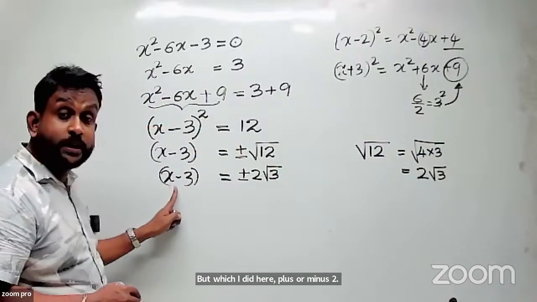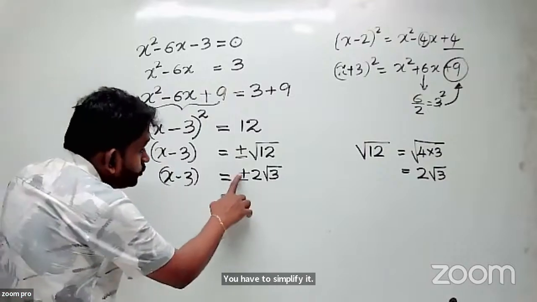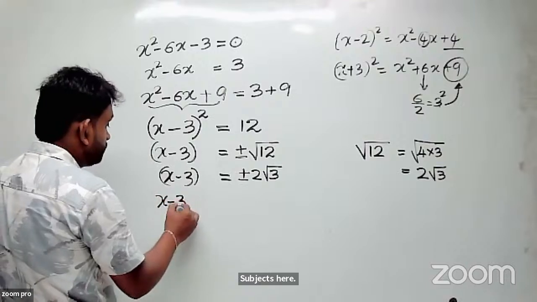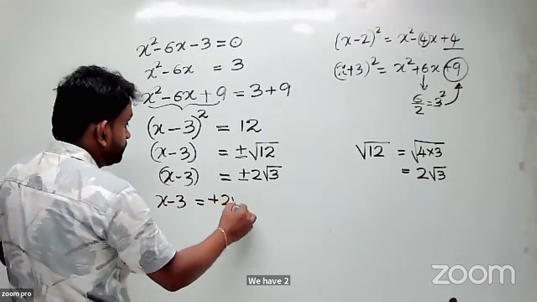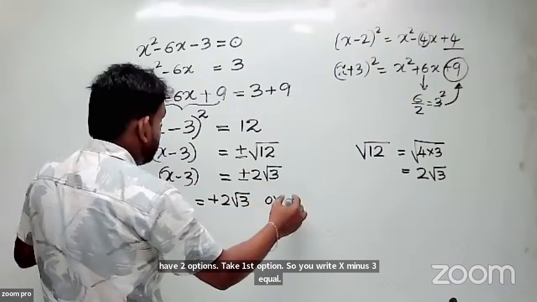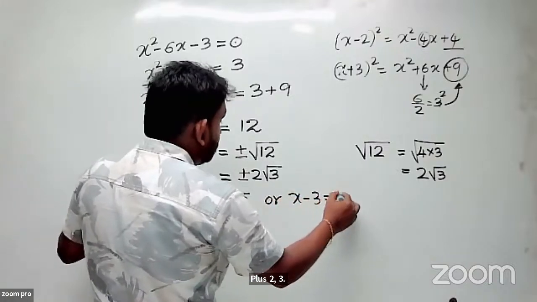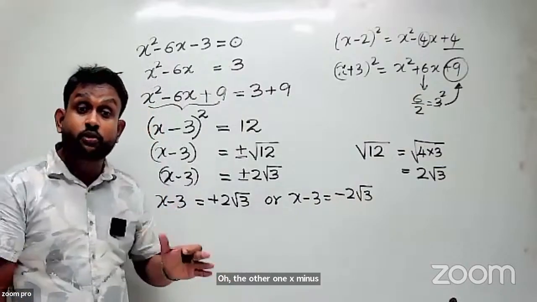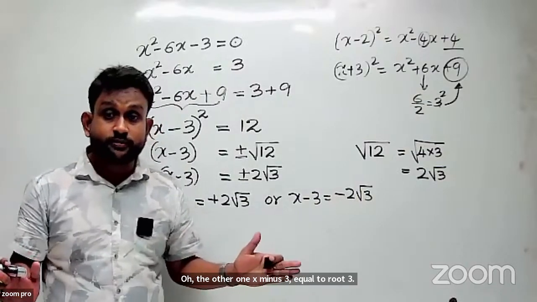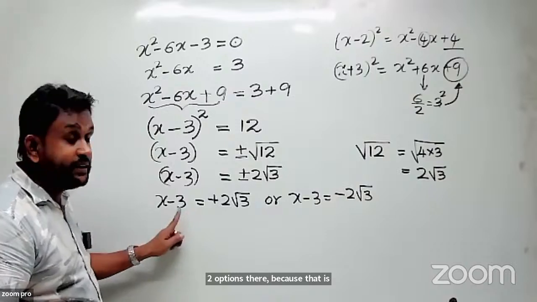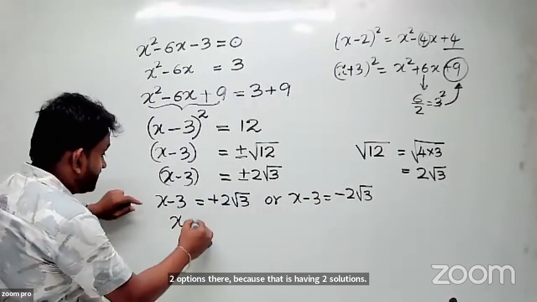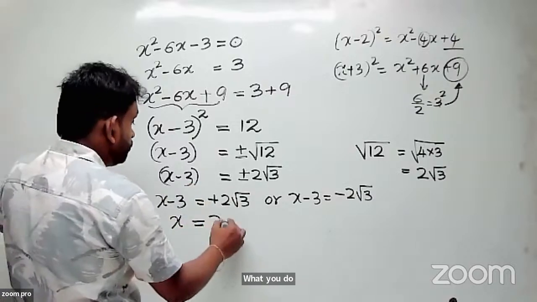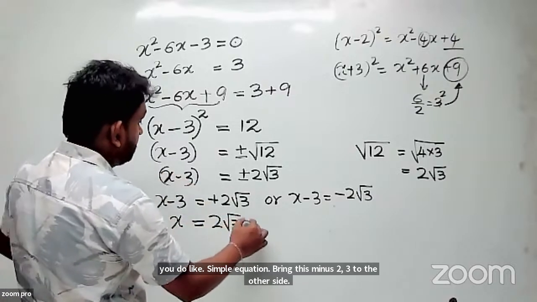Now subject x here. We have two options. Take the first option, the plus option: x − 3 = +2√3. The other one: x − 3 = −2√3. Two options, because a quadratic has two solutions. Now subject x like a simple equation: bring the 3 to the other side, so x = 3 + 2√3.